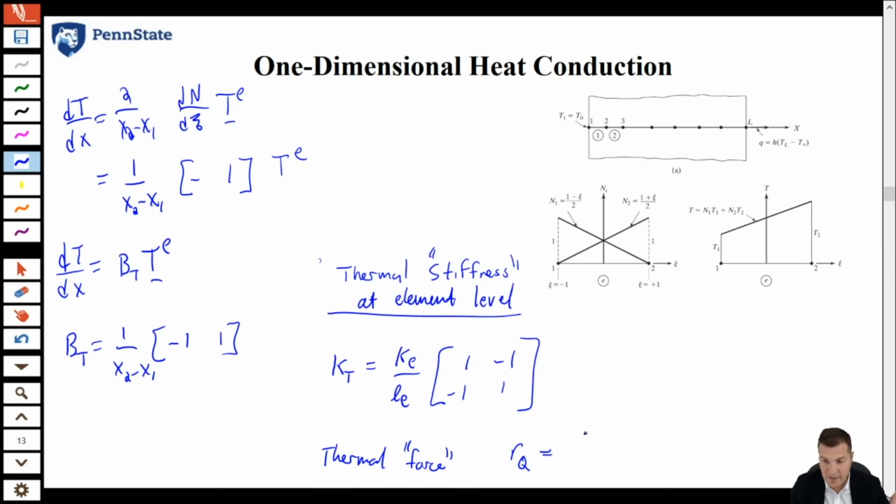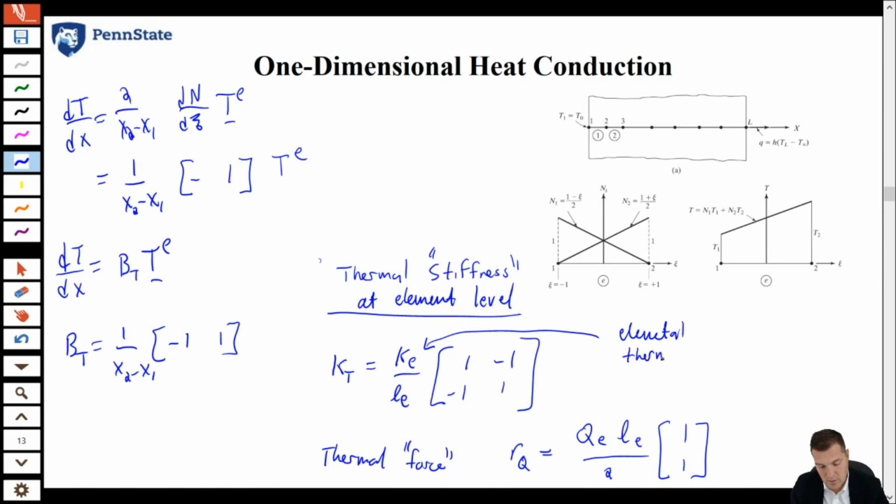And that was where we used that capital Q that we had before. We have the heat source or sink, times LE, the length of the element, over 2, times 1, 1. So the basic idea, by the way, is that KE is also the elemental thermal conductivity.